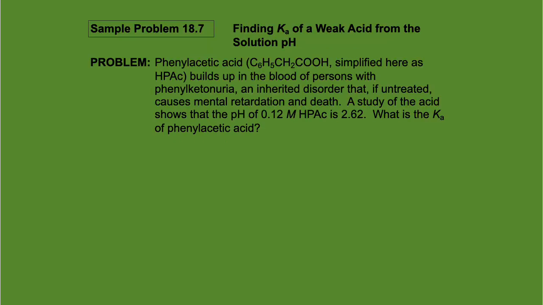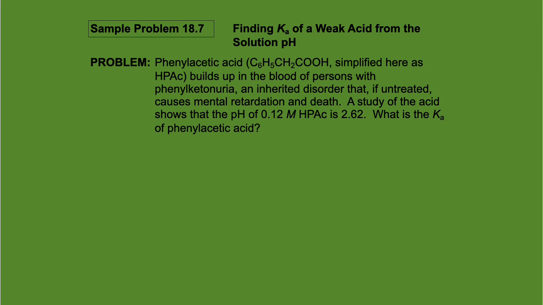Let's start by looking at how we might calculate the acid equilibrium constant for phenylacetic acid in solution. We'll abbreviate the phenylacetic acid as HPAC. In this case, the phenylacetic acid can build up in persons and create an inherited blood disorder that may cause retardation and death.